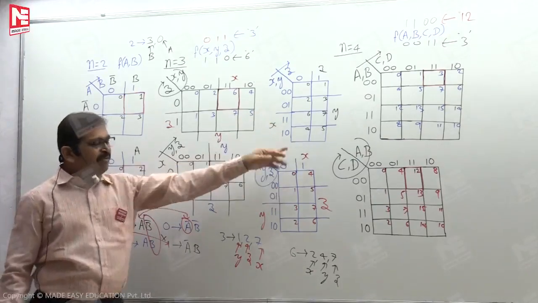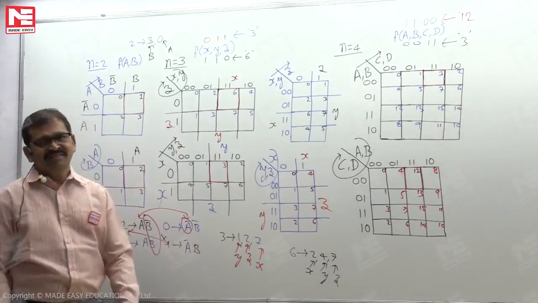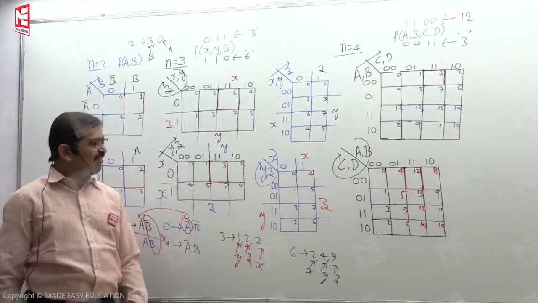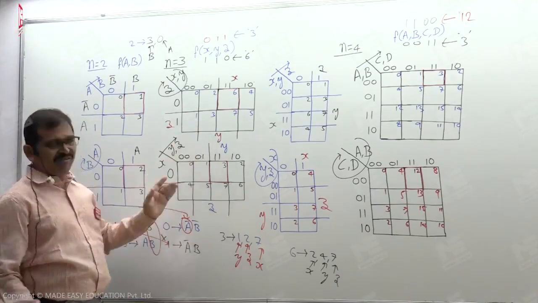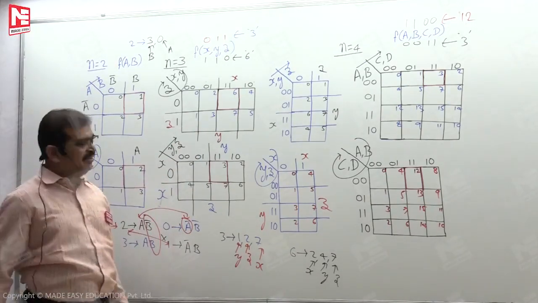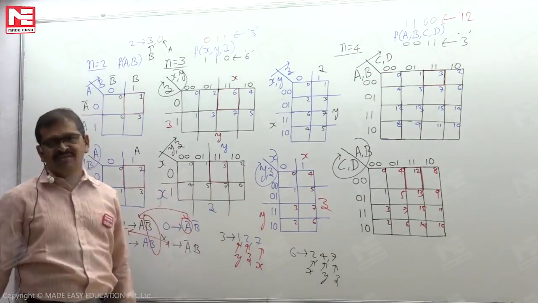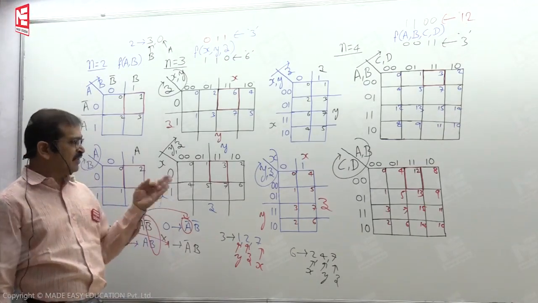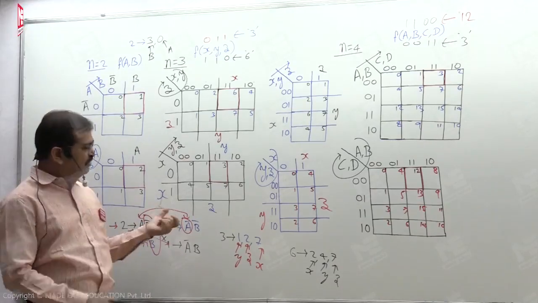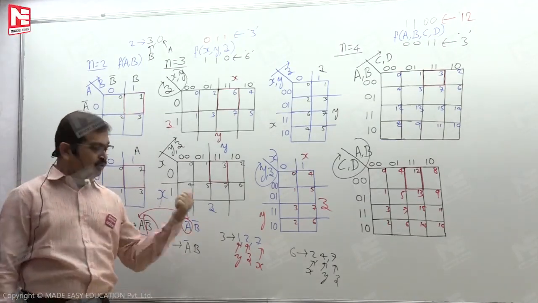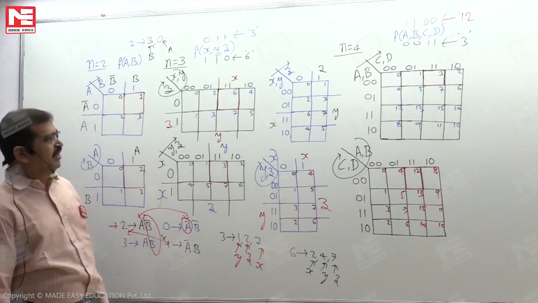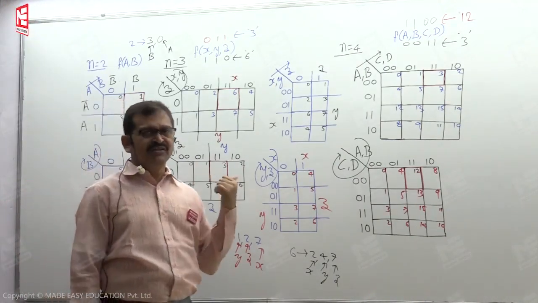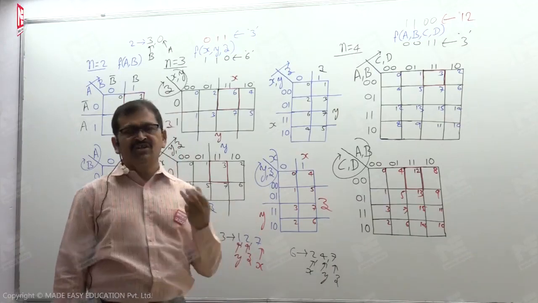For these two formats, we have to fold vertically, then we will have a common line. For this, we need to fold the map horizontally, then you will see the corner cells have a common line. I mention all these things just for observation and clarity. With simple observation we are able to say this. Finally, in this 3 variable K-map, for every cell there are exactly 3 adjacent cells.